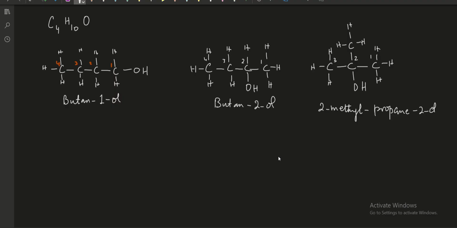Okay, now what if I attach the OH group with carbon number 1? The structure remains the same. Chain of 3 carbons, the fourth one is present over there as a group: 1 2 3 4 5 6 7 8 9.